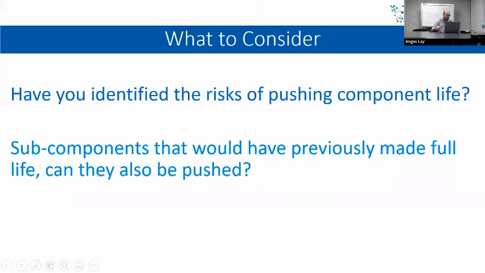But for instance, something like a turbo, where if it fails, there's minimal risk that it's going to cause any consequential damage, you would potentially look to manage as an after-failure strategy, because they're a lower risk. So all these things need to be taken into consideration before you look to extend a component life, to understand all those potential risks that you're now being exposed to, and have the process in place to mitigate those risks.